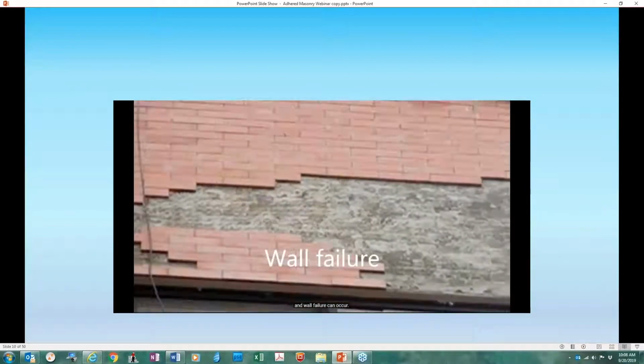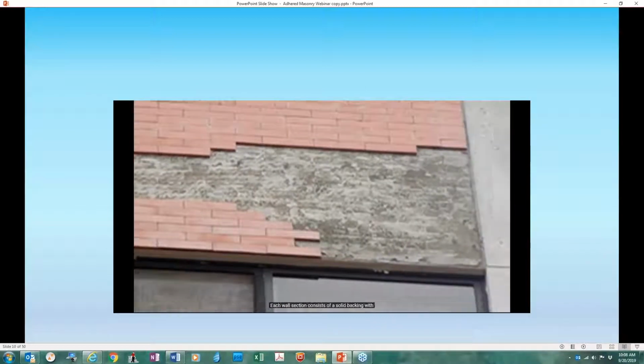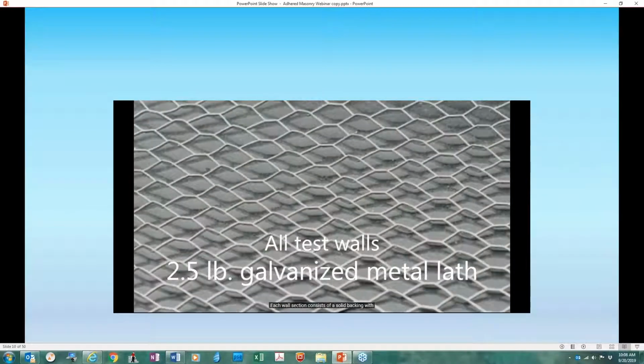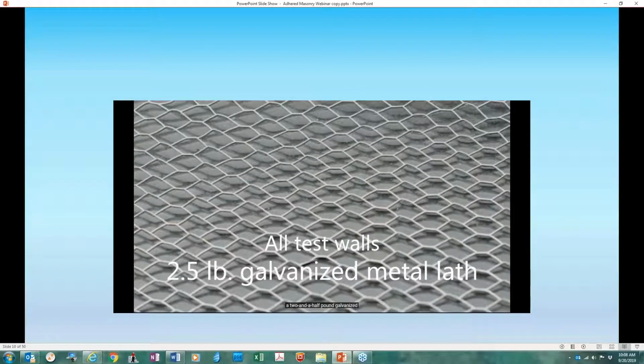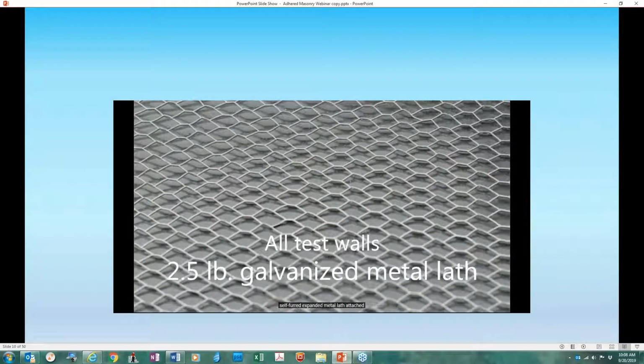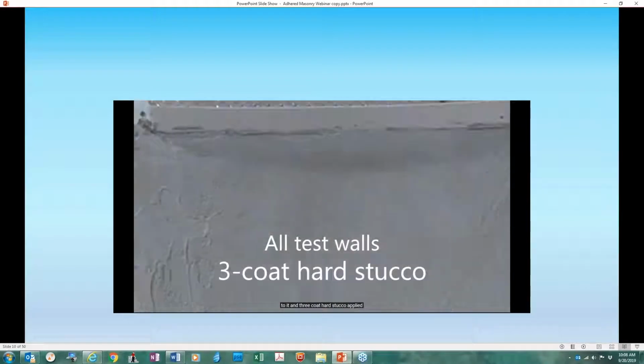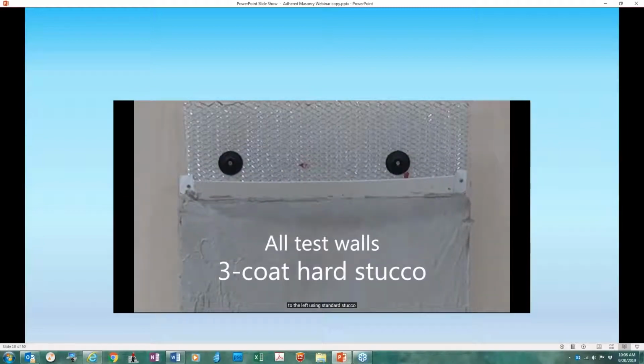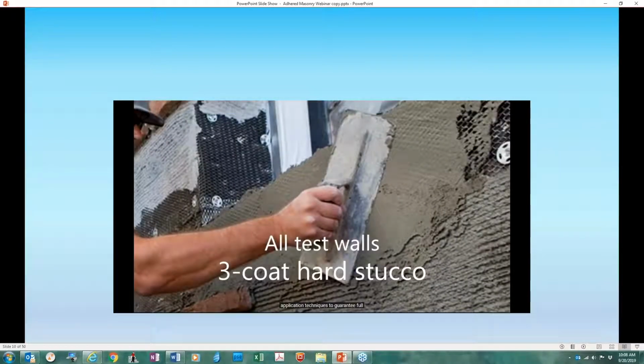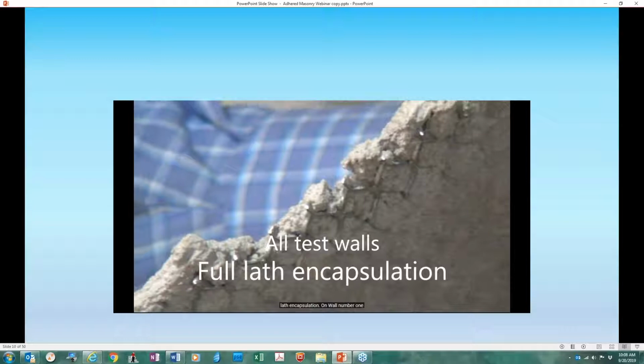Each wall section consists of a solid backing with a 2.5-pound galvanized self-furred expanded metal lath attached to it, and 3-coat hard stucco applied to the lath using standard stucco application techniques to guarantee full lath encapsulation.